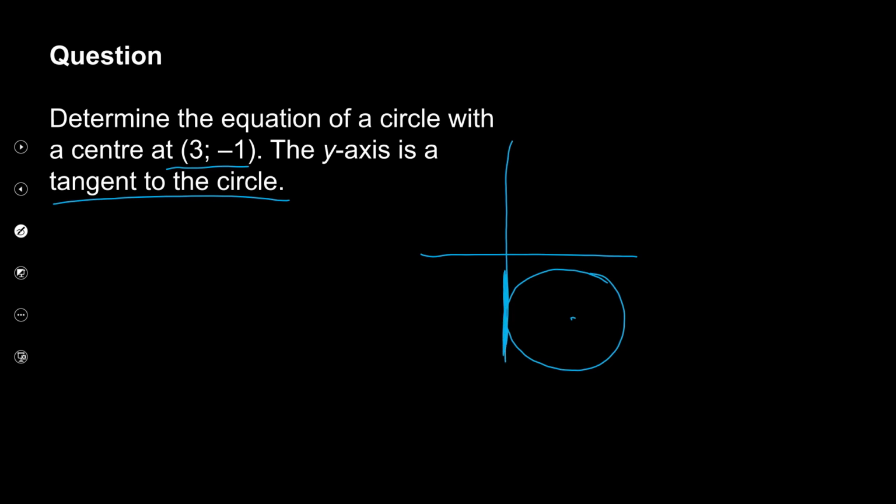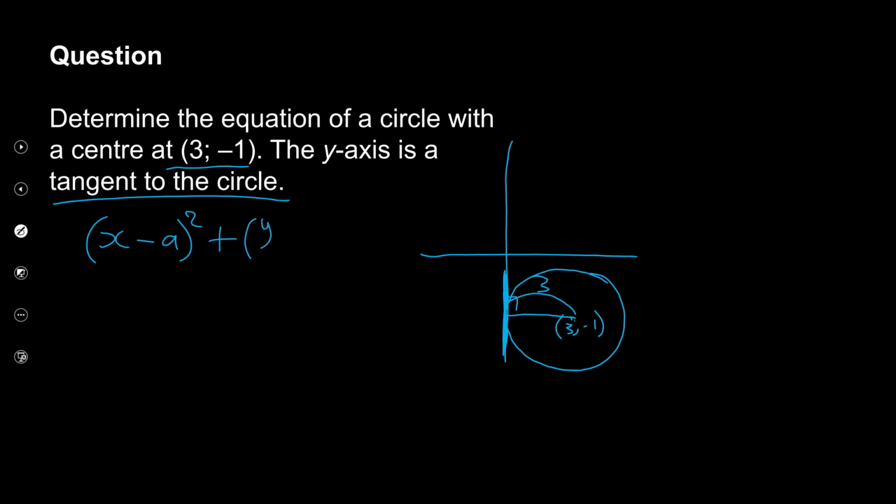And if that's the case, it tells us that these are perpendicular, then the radius will be, since this was 3 and minus 1, the radius will be from there to the point 3 and minus 1, which will make it 3 units. So you see already from that I know (x minus a) all squared.